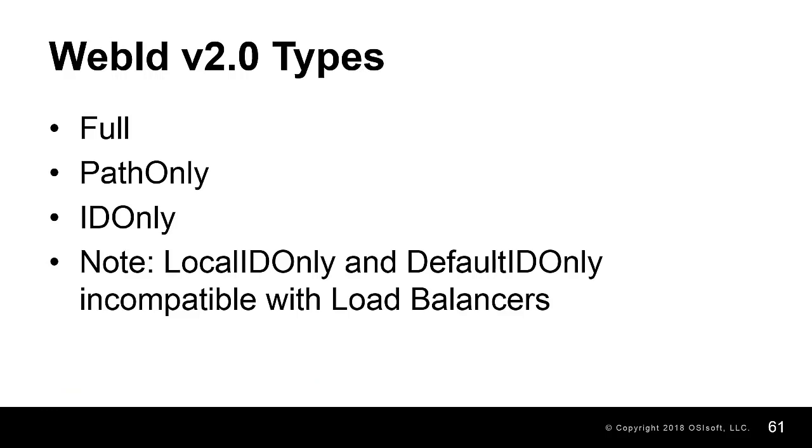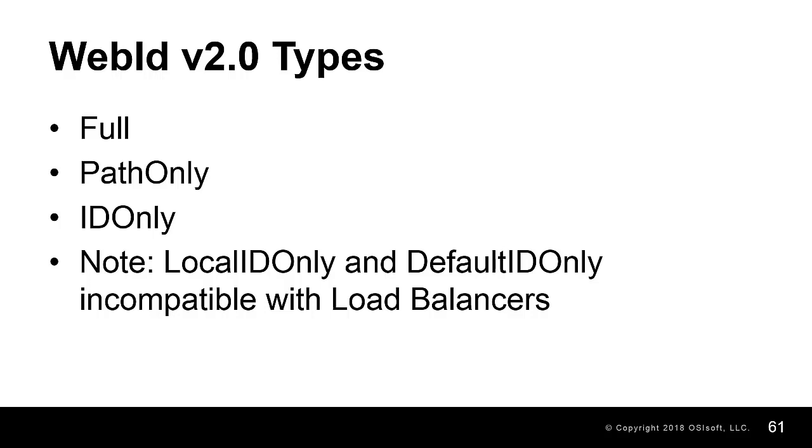Once we've confirmed our PyWebAPI version is sufficiently new, we can start looking to create web IDs. First, let's start looking at web ID types. When querying for points, elements, or attributes, one of the URL parameters we have available to us is the web ID type. This allows us to specify what kind of web ID is being returned to us.